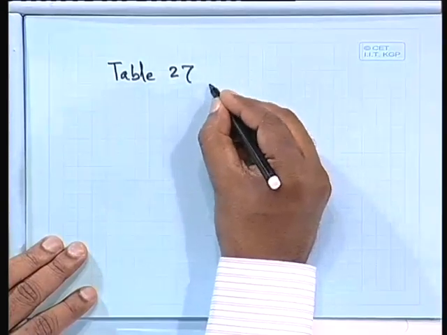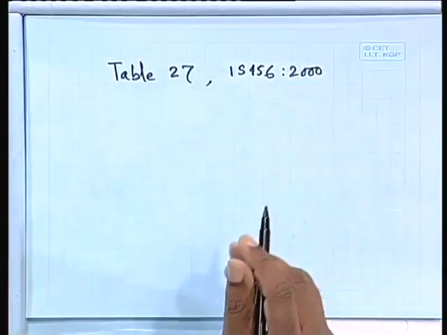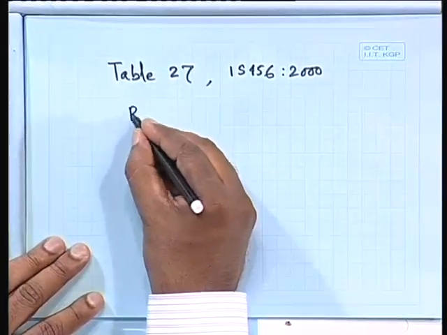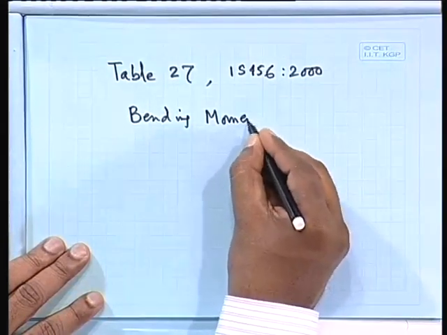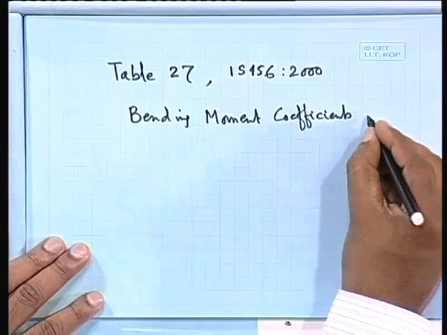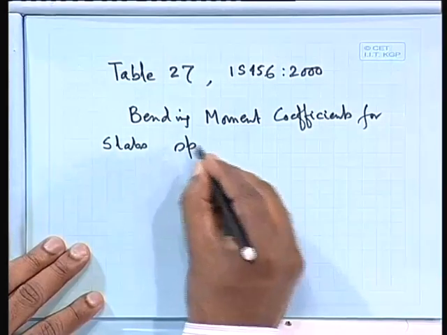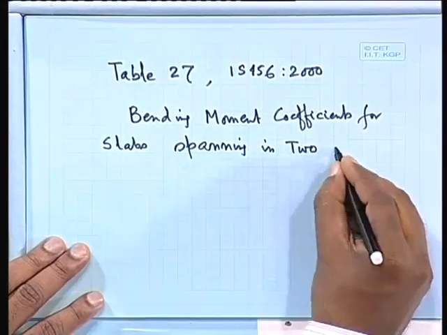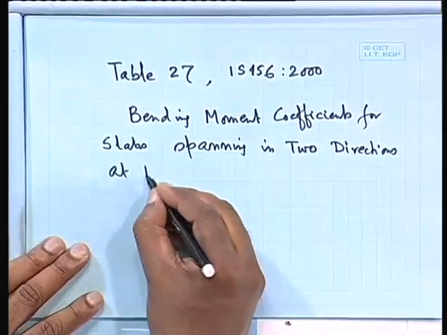27 of IS 456 2000. So we can get that table. Just to mention, this table means bending moment coefficients for slabs spanning in two directions at right angles.